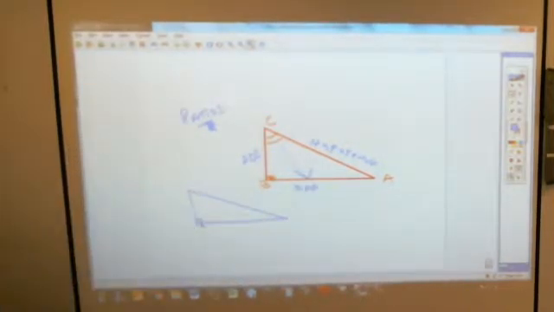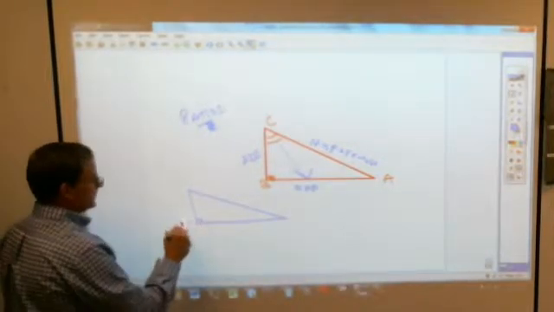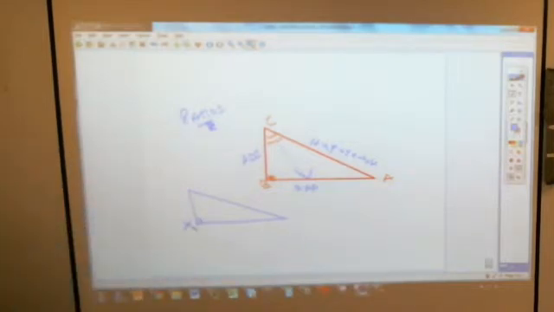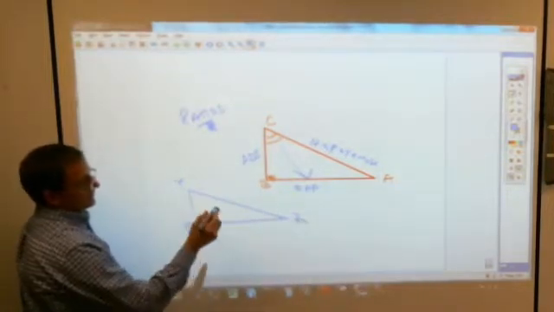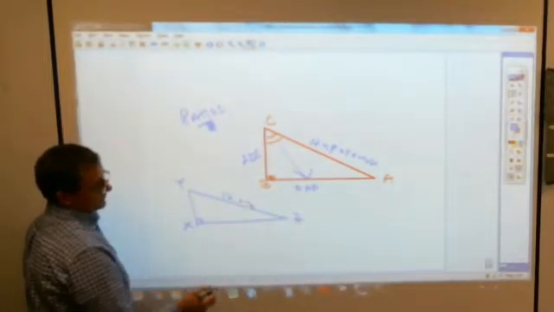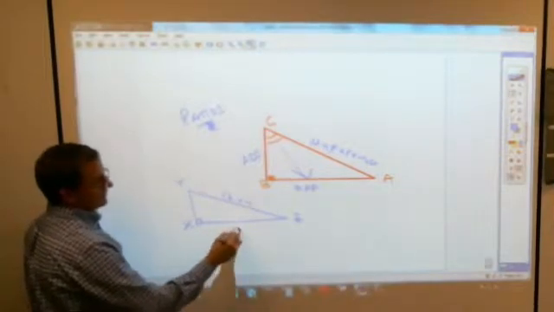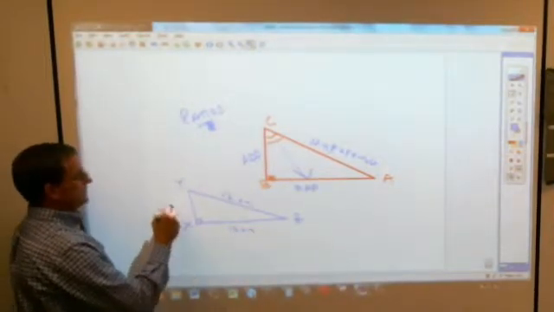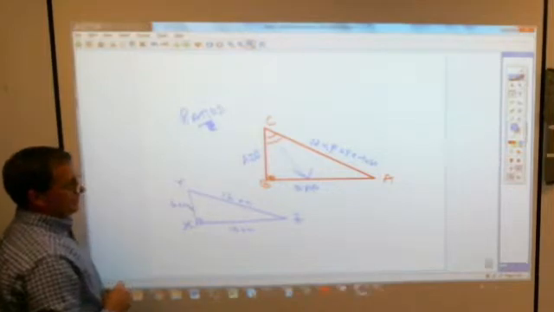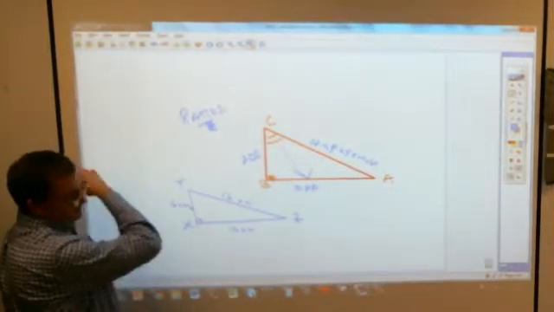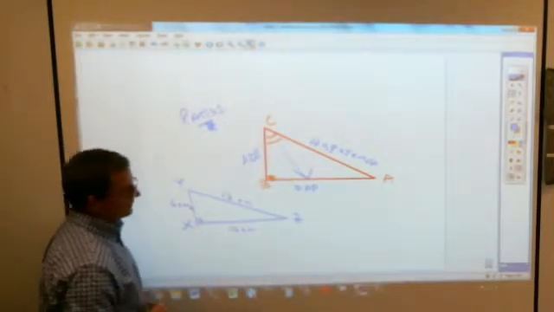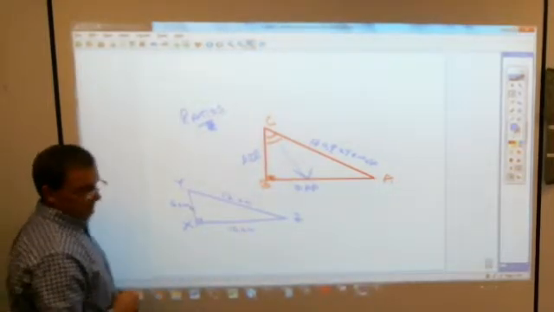Let me label it X, Y, Z. Let's say this is 12 centimeters, this is 10 centimeters, and this is 6 centimeters. It's not a Pythagorean triple, but it doesn't matter.